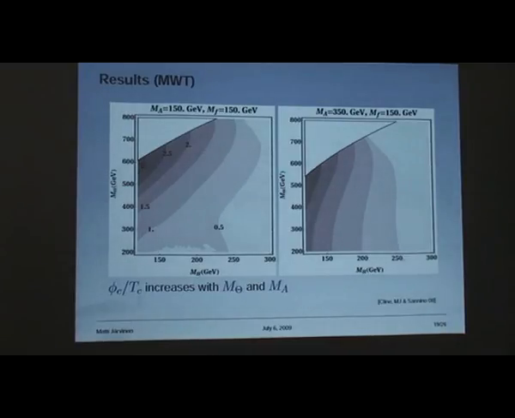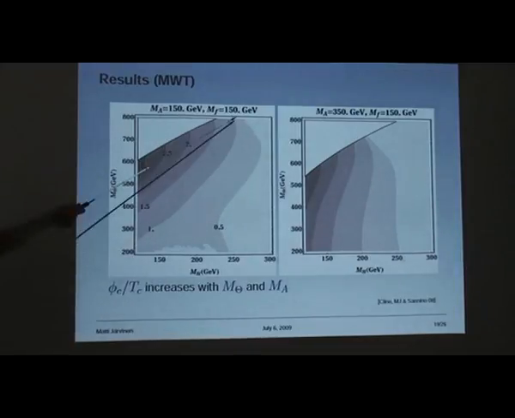Actually, in this region there is no phase transition at all in this effective potential calculation, and basically this ratio goes to infinity. If you would include more terms in this high temperature series, then you could see that this number goes to infinity here.